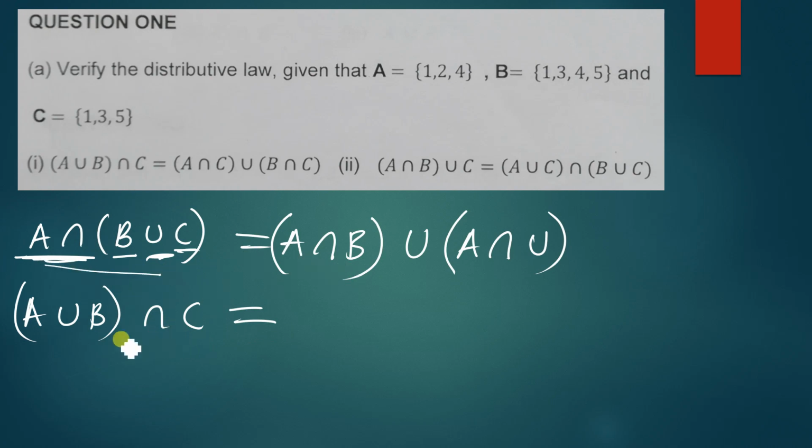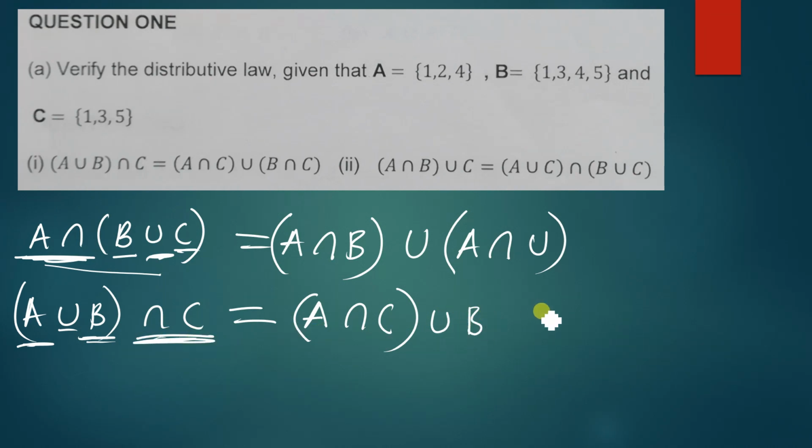You first write your A intersection C there, you put them in brackets. You also write your B, you say union B intersection C, and you put them in brackets. So this is how you distribute.